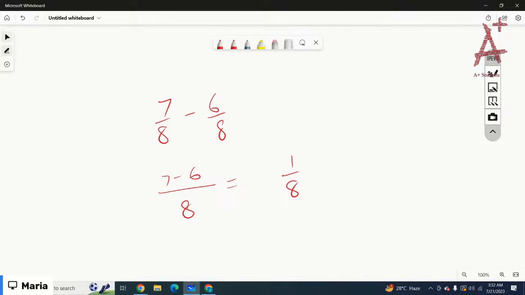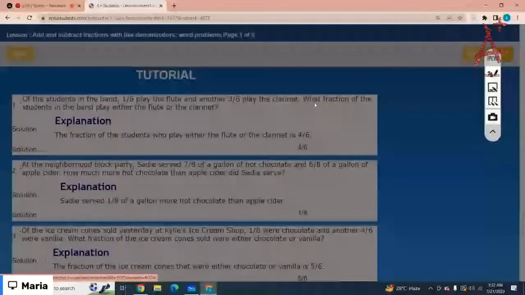So it is 1 over 8. The correct option is 1 over 8. Okay, let's just start with the test questions.